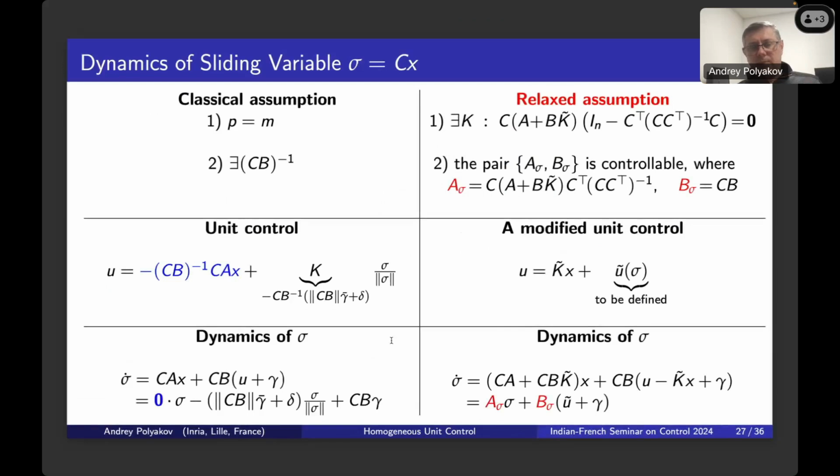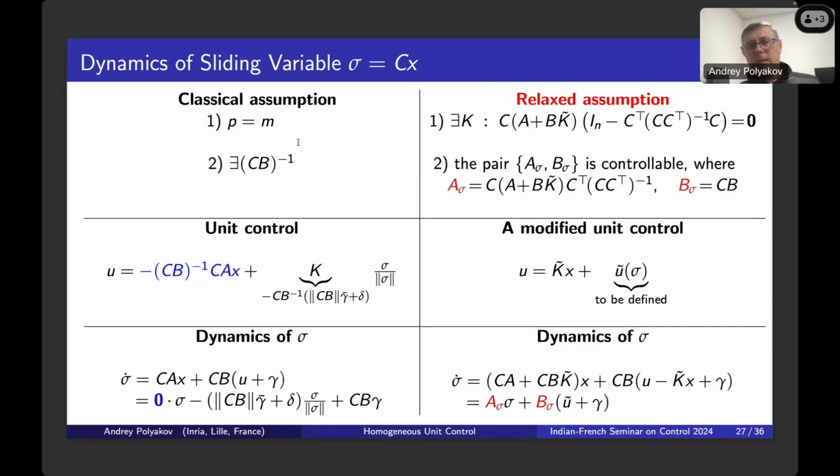The design is very similar to the design of the unit control, but under a bit relaxed assumption. So we assume that there exists a gain k tilde, here should be tilde, sorry, this is a typo, such that the following linear algebraic equation is solved. So we need to find k tilde which satisfies this algebraic condition.